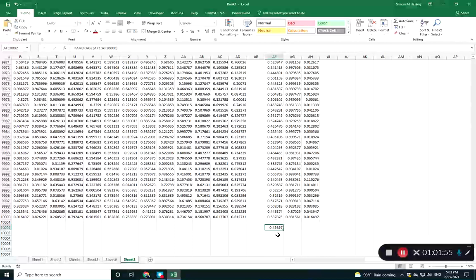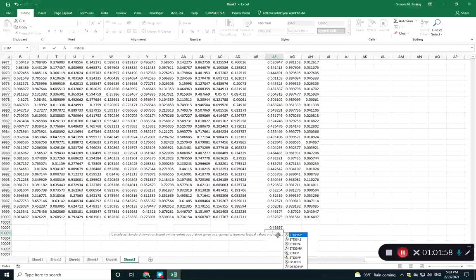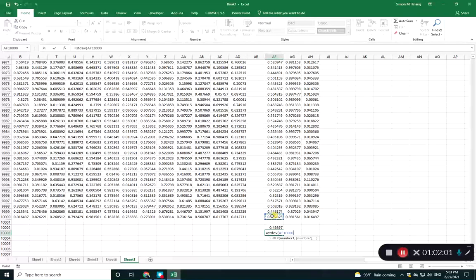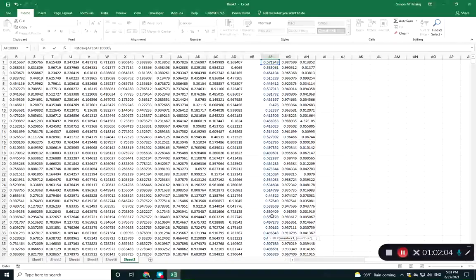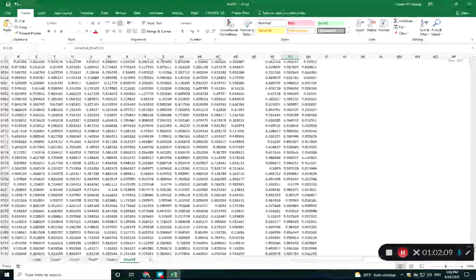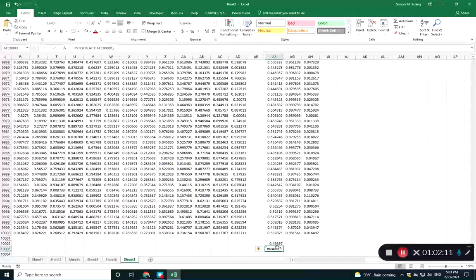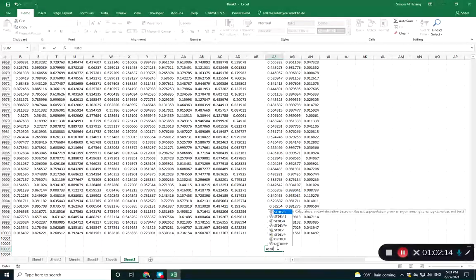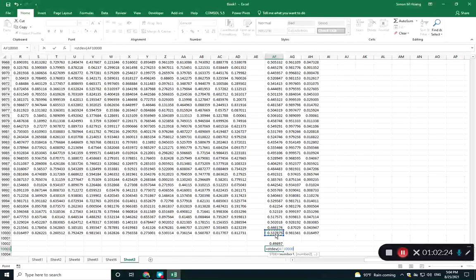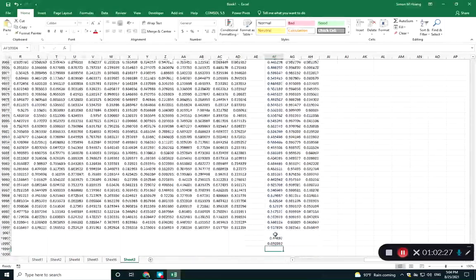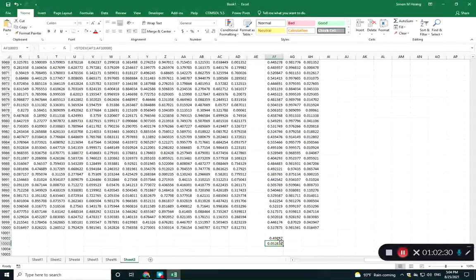Then the standard deviation, STD, standard deviation, from here to here, the standard deviation is 0.05.